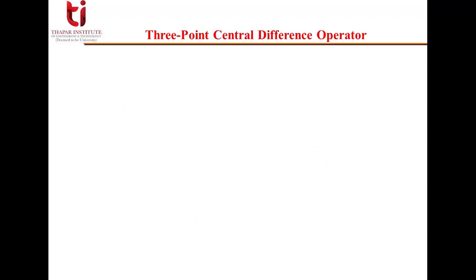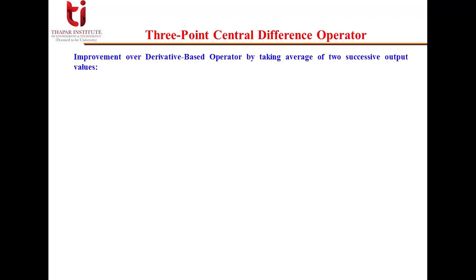What change are we actually making in this? If you see the equation, we are taking the average of two successive output values, that means y of n and the past output y of n minus 1, to obtain a new signal, that is y3 of n.